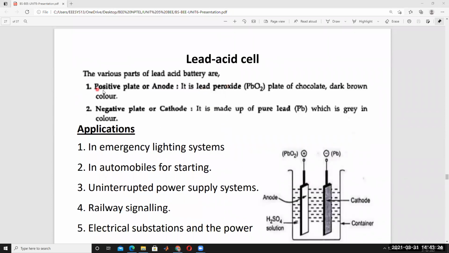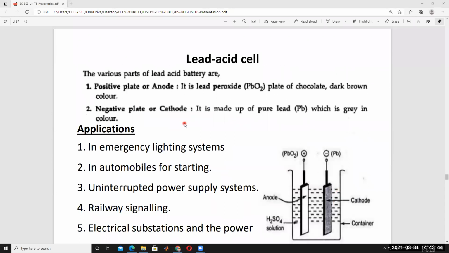In this lead acid cell, the positive plate, the anode, is lead peroxide, PbO2. It is a lead peroxide plate of chocolate dark brown color.